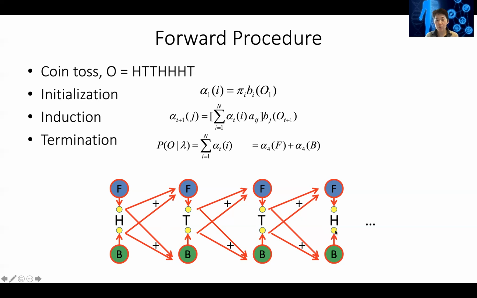And so I just add two numbers together, and then I'm done. So you add the final two numbers, you will get the probability of that particular order of coin toss you observed. So that's the forward procedure.